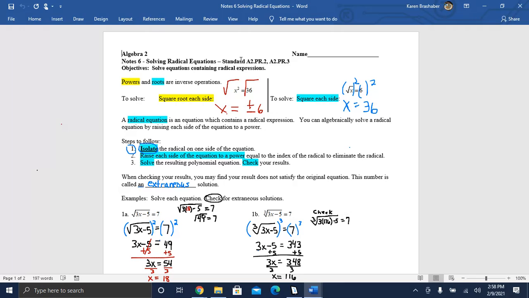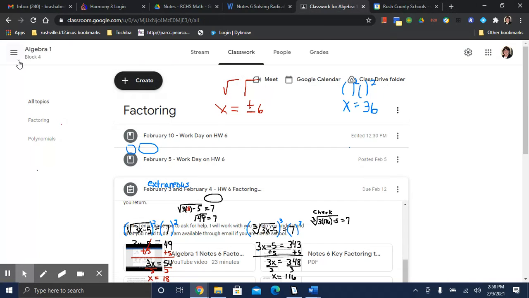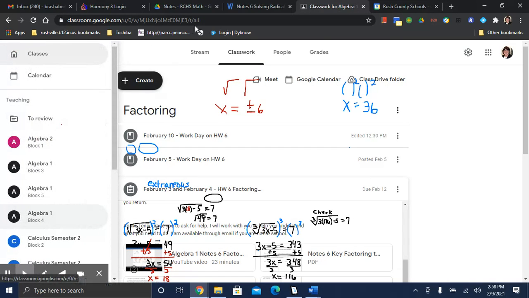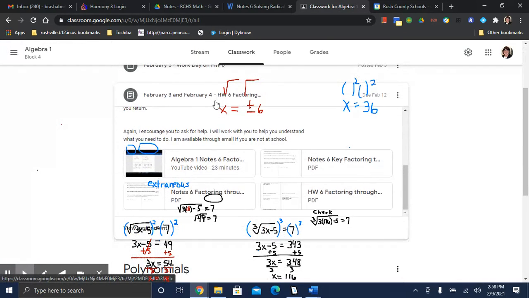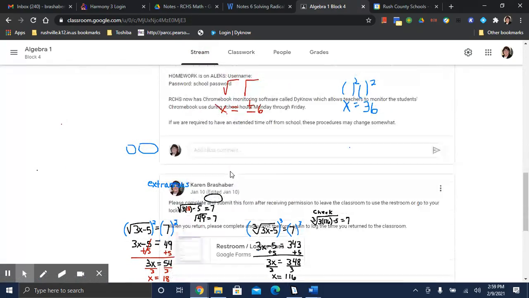Now, real quickly, you can do that on the Desmos calculator. So if we bring up Desmos, the Desmos calculator, let me get that for us.